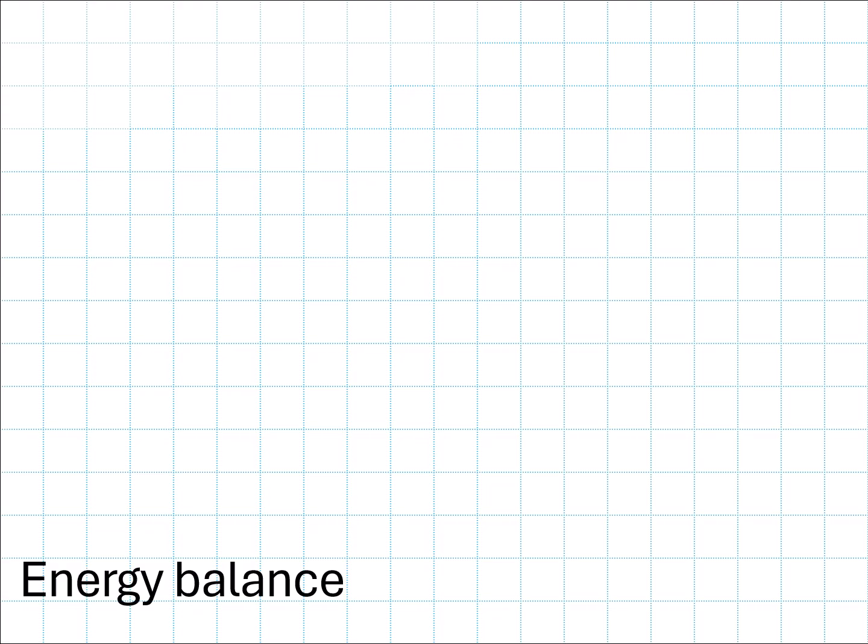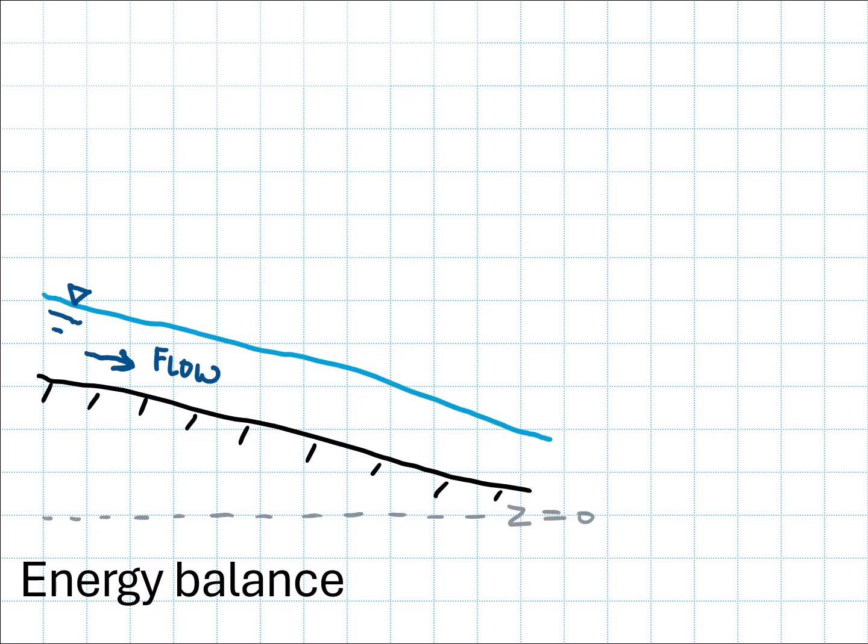So if we want to apply this to flow along an open channel, the energy balance equations that we used for internal pipe flow are going to be similarly applied. So here's an open channel. Now we're looking at it from the side in a longitudinal profile. So down here, this is the channel bed, and it is some elevation z above our datum, z equals 0. So at any point within this channel, I can find the elevation head right here.